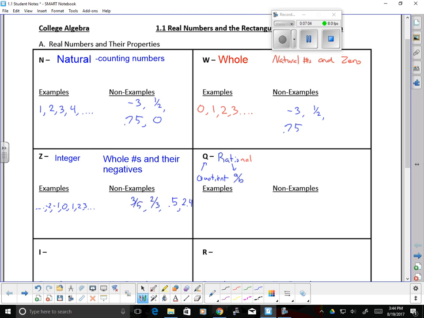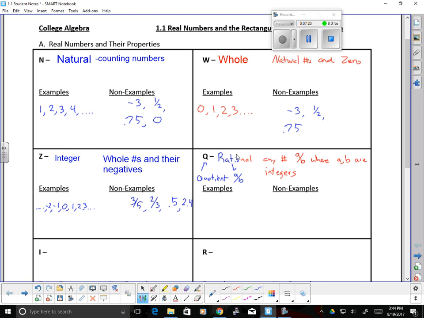And that's any number written A over B where A and B are integers. So we're building up our rational numbers using ratios.